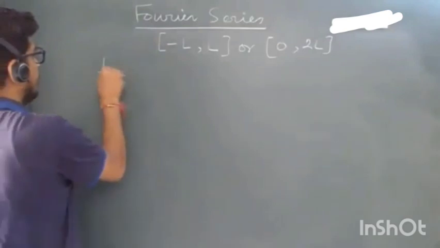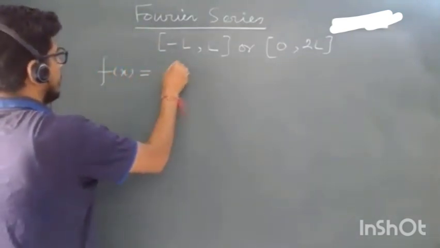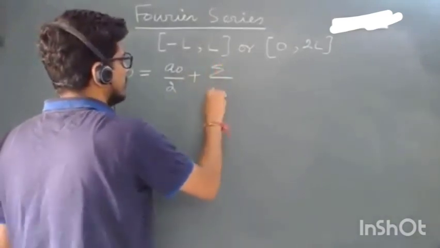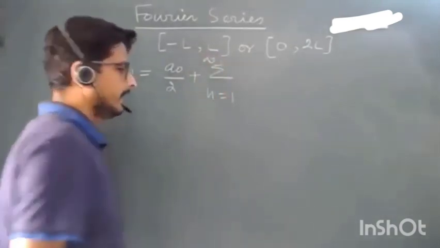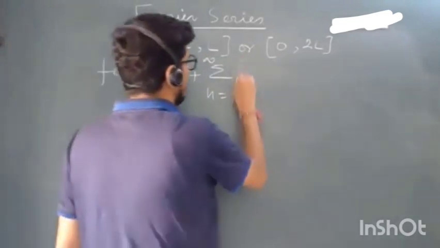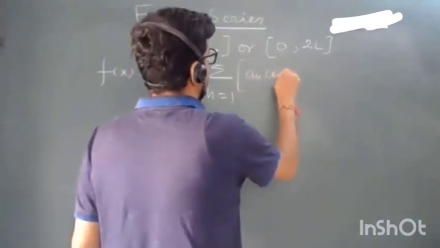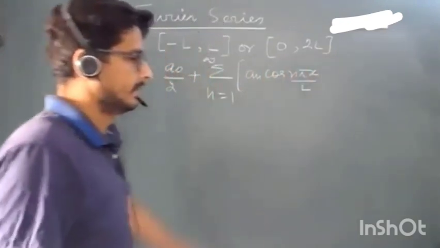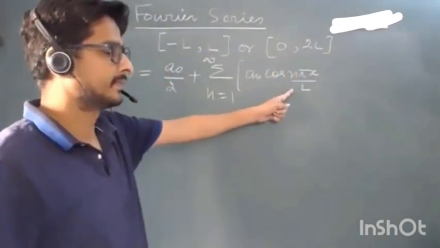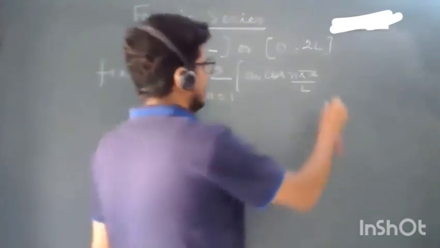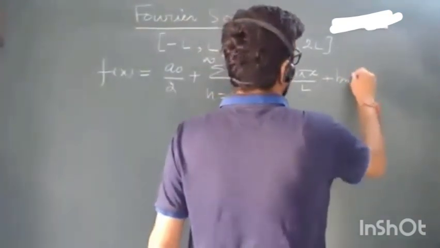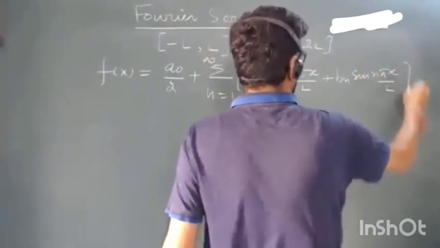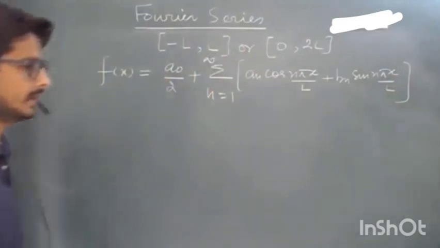So f(x) will be given by a naught by 2 plus summation n is equal to 1 to infinity a_n cos(n pi x by L), because x is replaced by pi x by L, plus b_n sin(n pi x by L). So this is your new series.